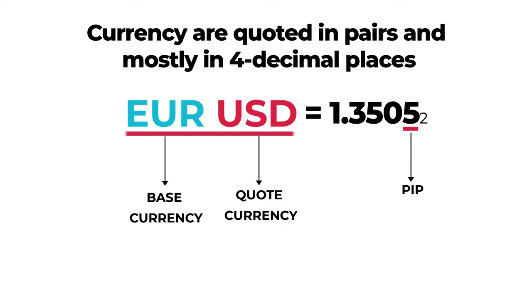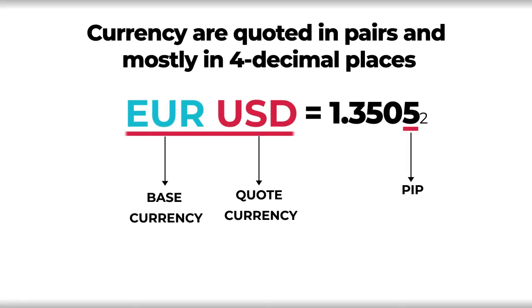Now, if it goes from 3505 to 3506, what does it mean? It means that the Euro USD has gone up by 1 pip. So 5 to 6, it's 1 pip. Make sense? Okay. Now, if it goes from 3505 to 3516, what has happened?